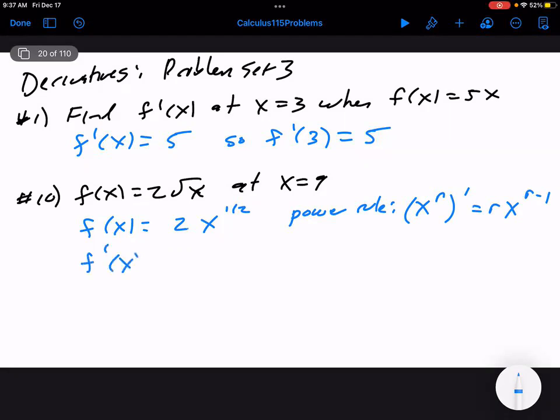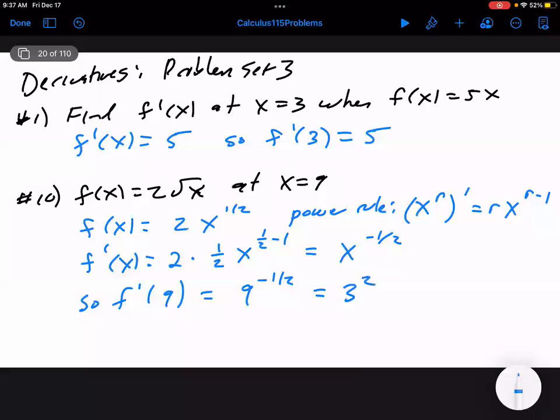So f prime of x is going to be 2 times 1/2 x to the 1/2 minus 1, which is just x to the minus 1/2. So f prime of 9 is going to be 9 to the minus 1/2. Well, 9 is 3 squared, to the minus 1/2. That's just 3 to the negative 1, or 1/3.